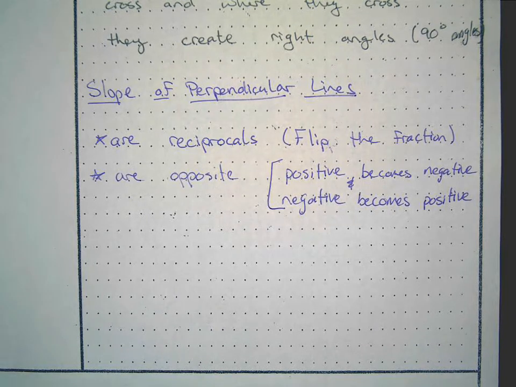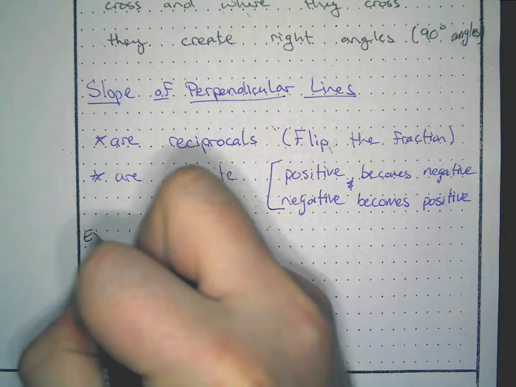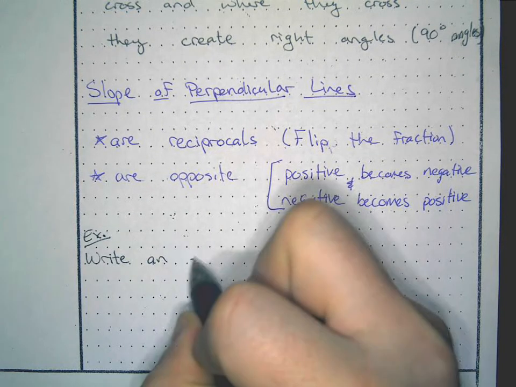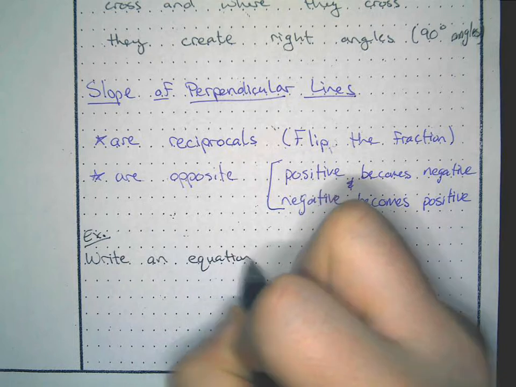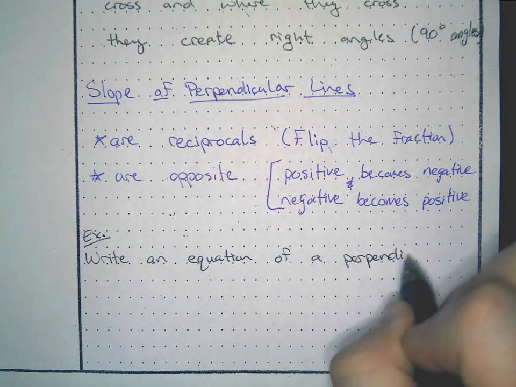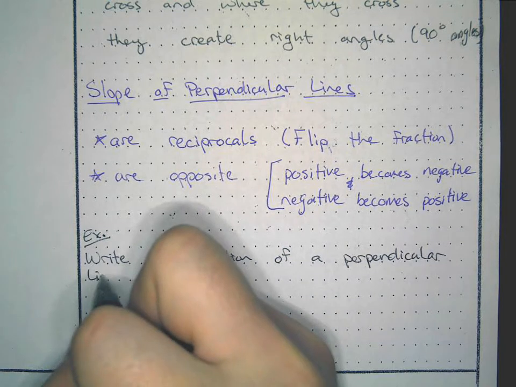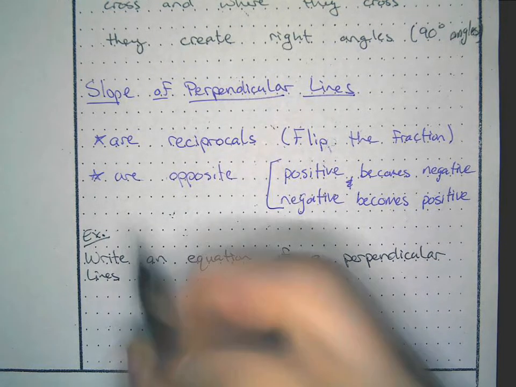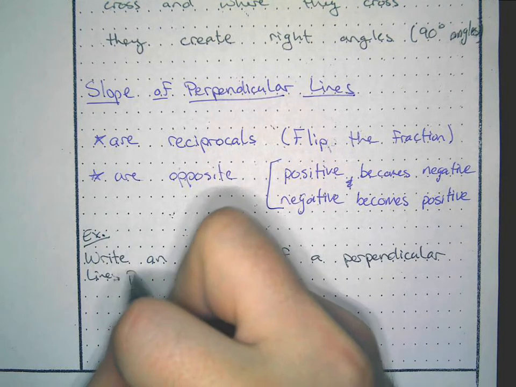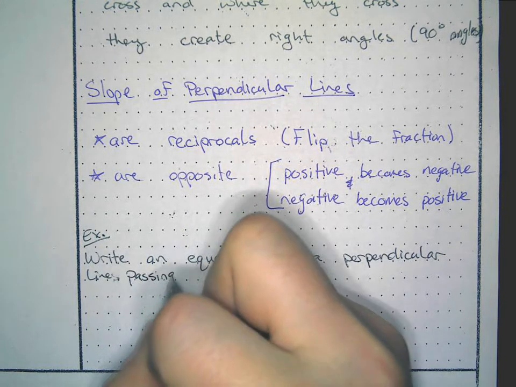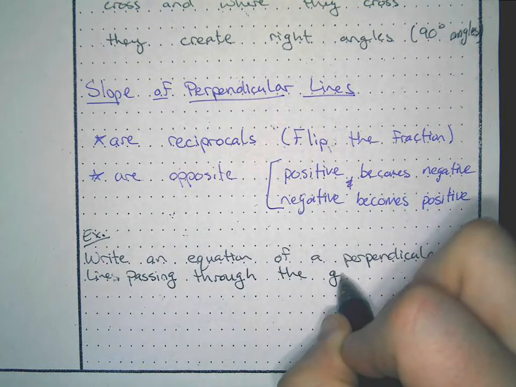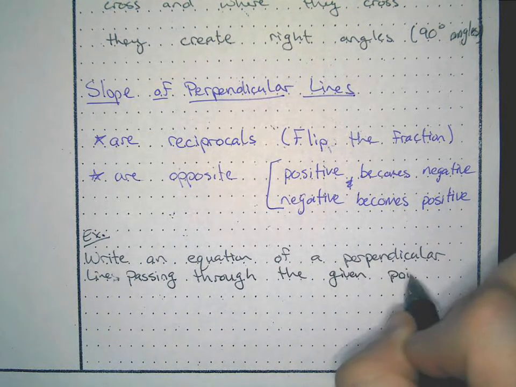Okay. So let's do an example. Write an equation of a perpendicular line passing through the given point.